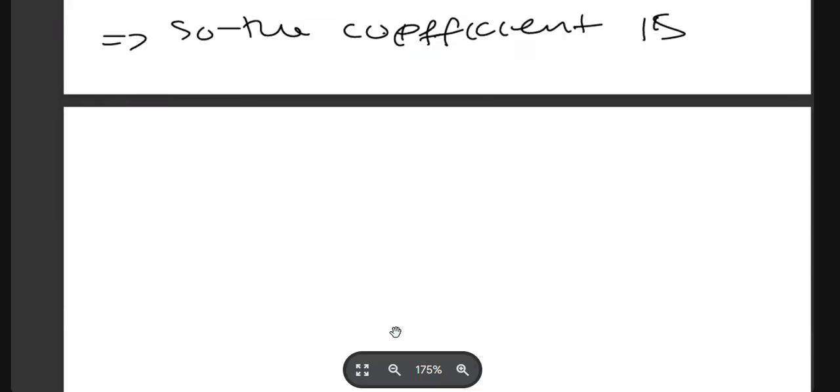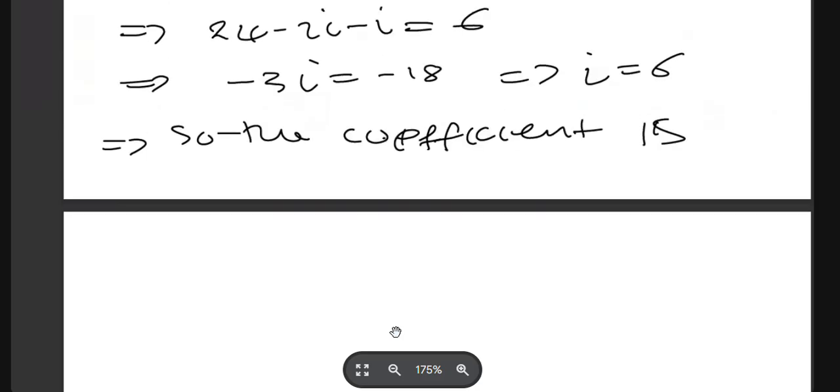So in the coefficient we are now going to put I equals 6.